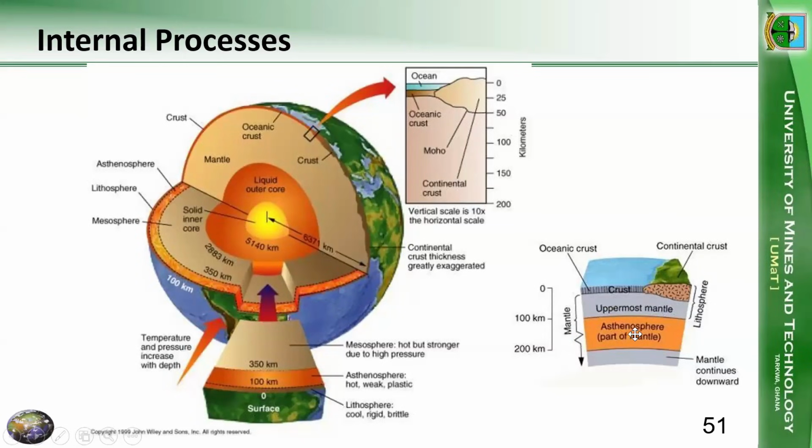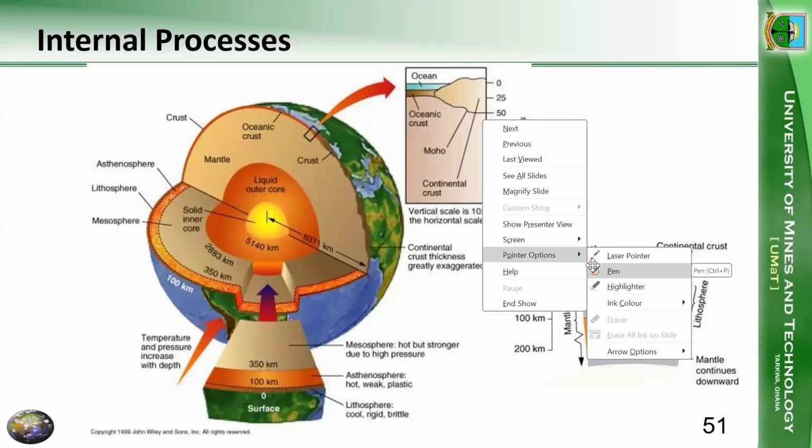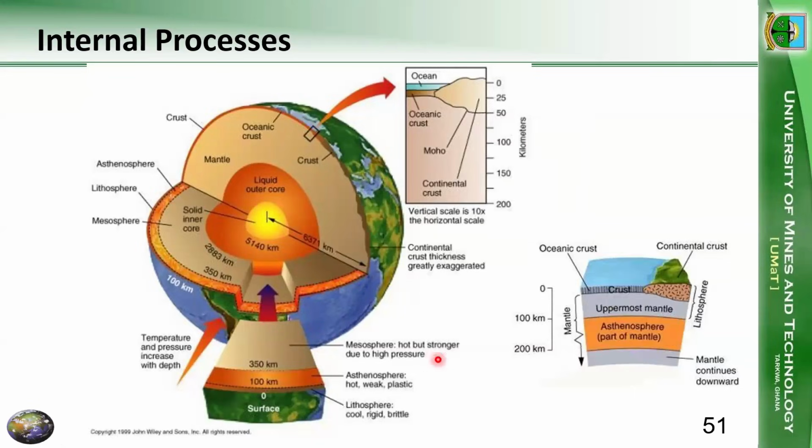It is very hot, weak, and plastic, and because of that, it is capable of flowing. And so the crust ends up floating on this asthenosphere.